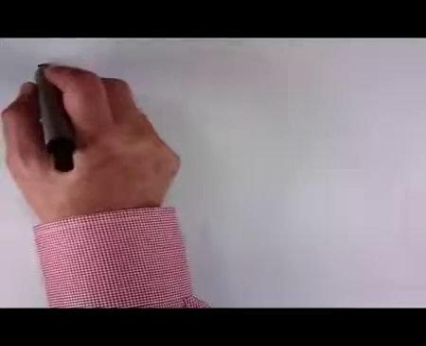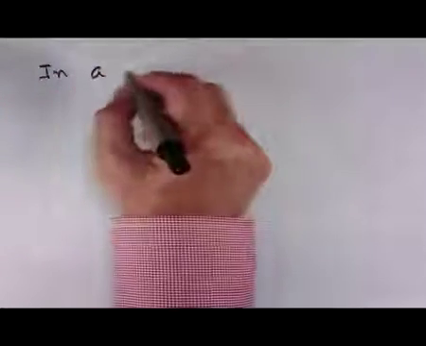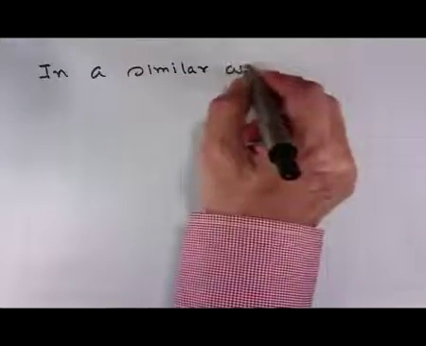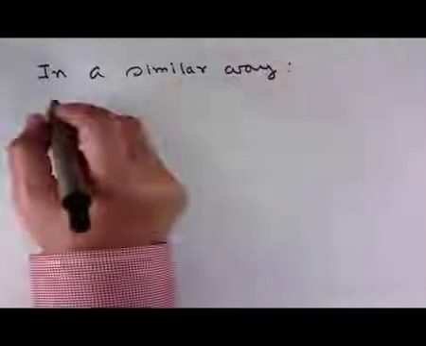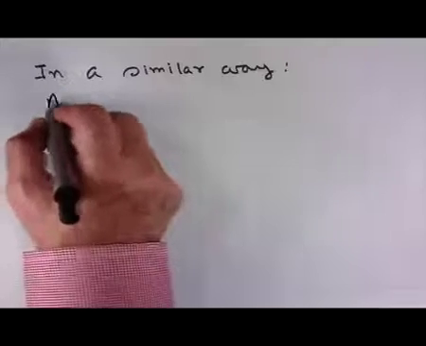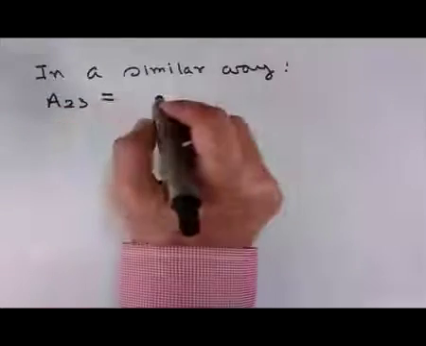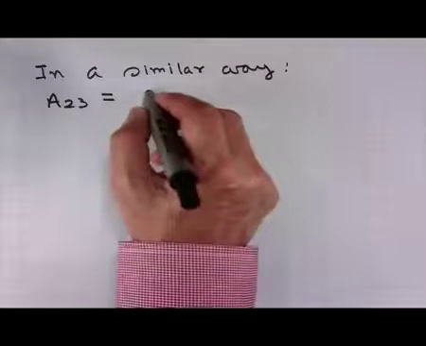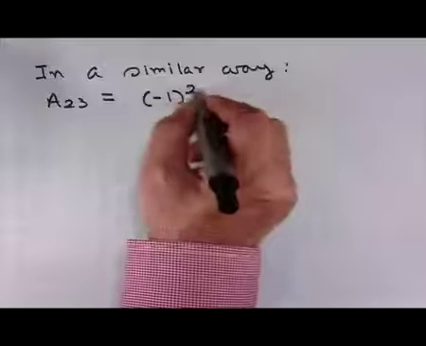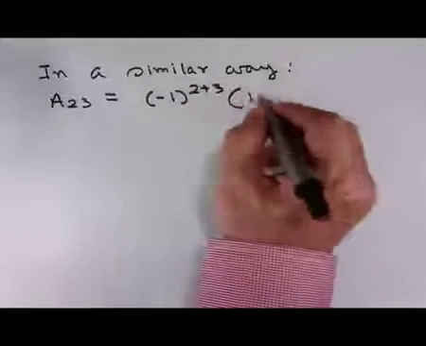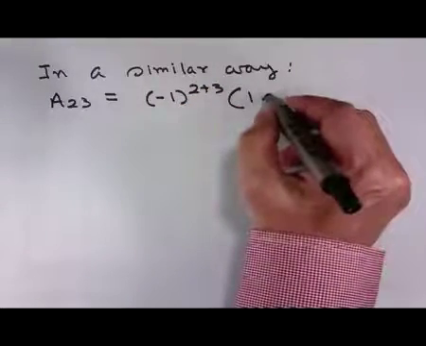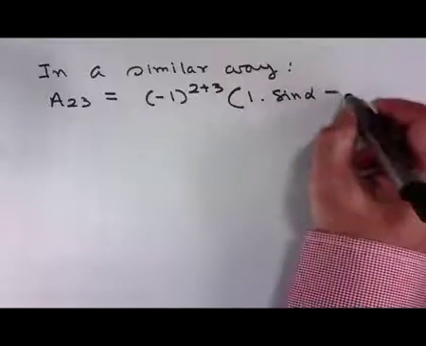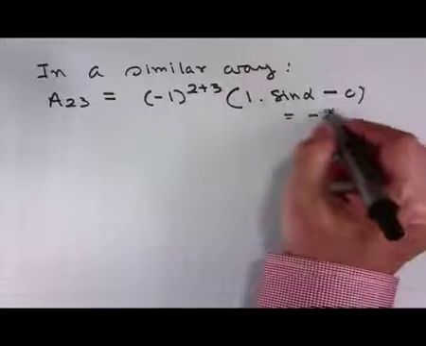In a similar way, A23 is equal to minus 1 to the power 2 plus 3 into 1 into sin alpha minus 0, is equal to minus sin alpha.